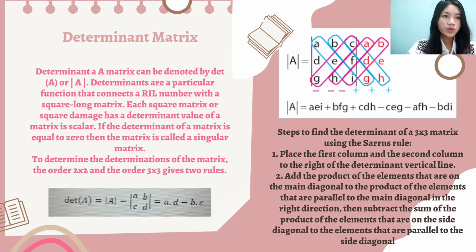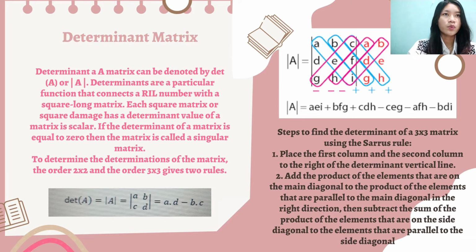Determinant of order 2 times 2. The determinant of a square matrix with the order 2 times 2 can be calculated the following way. Okay. The determinant of A, with entries A, B, C, D, equals A times D minus B times C. Okay, next, determinant of order 3 times 3.